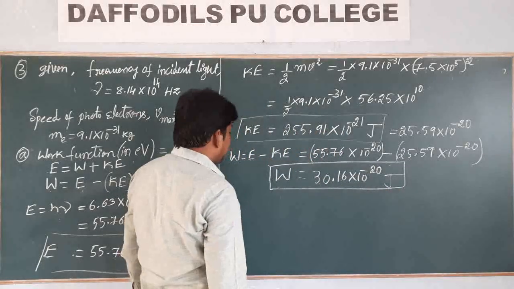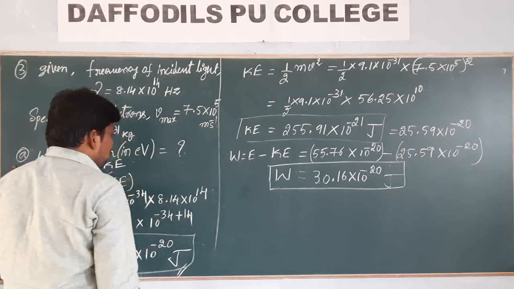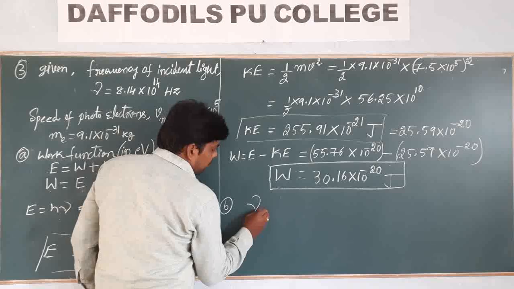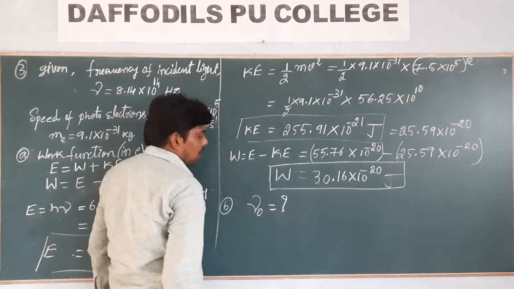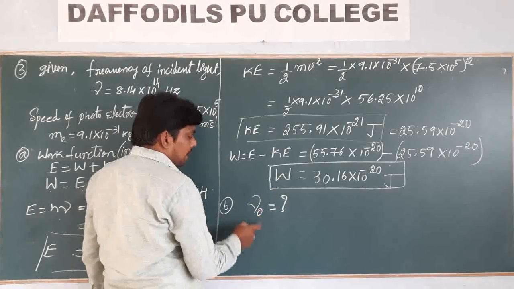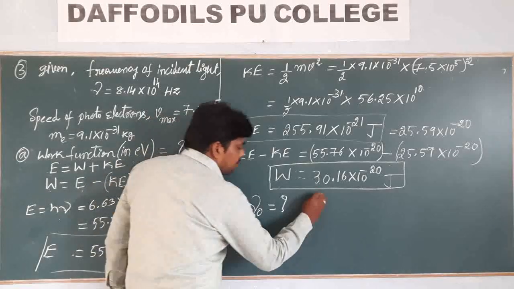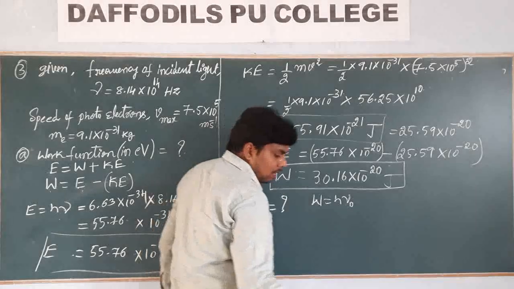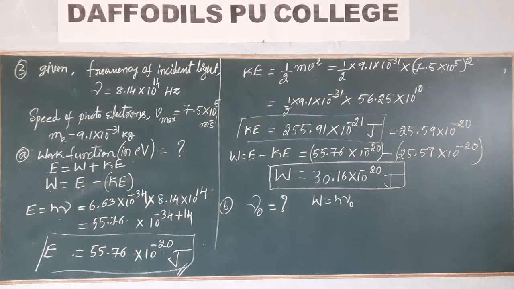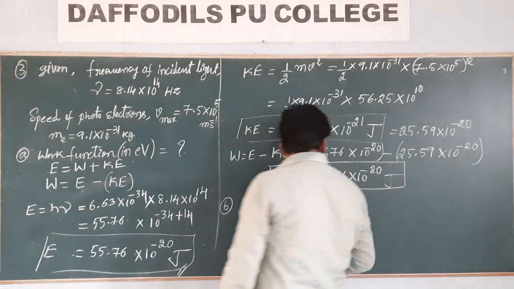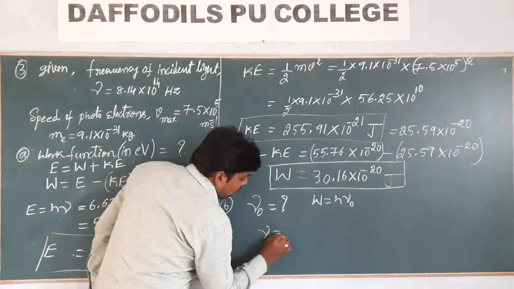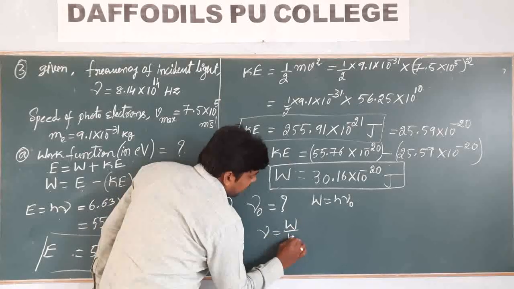Next, what do we have to calculate? The second one is the threshold frequency. Threshold frequency is equal to question mark. Now we know the work function and we can calculate the threshold frequency. Work function is equal to h nu naught, so nu naught is equal to work function divided by h.